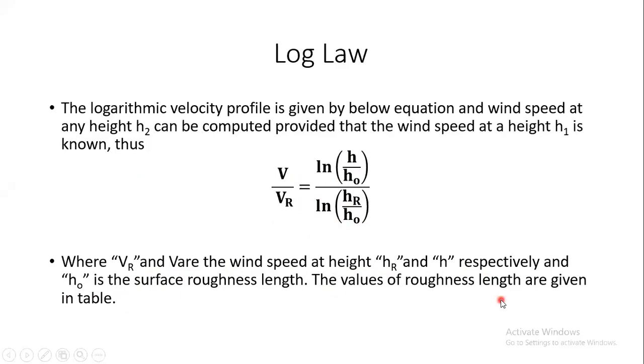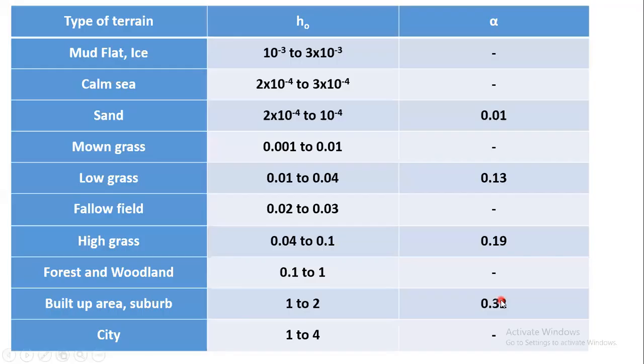The values of roughness length are given in the table. You can see the roughness can be represented by the formula alpha, and h0 can be defined by the formula. It depends upon the type of terrain: mud, flat, ice, calm sea, sand, mown grass, low grass, high grass, forest and woodland.